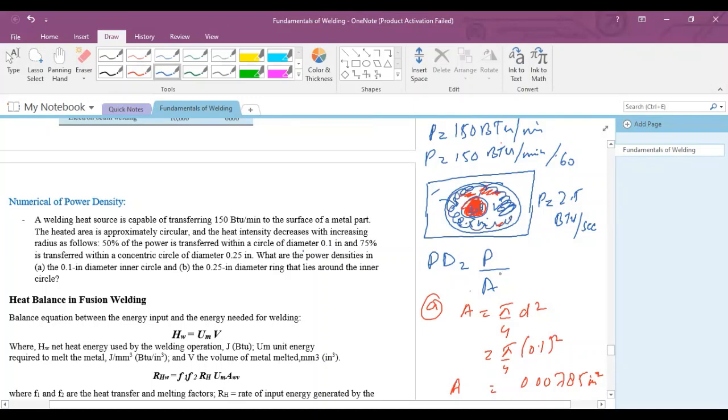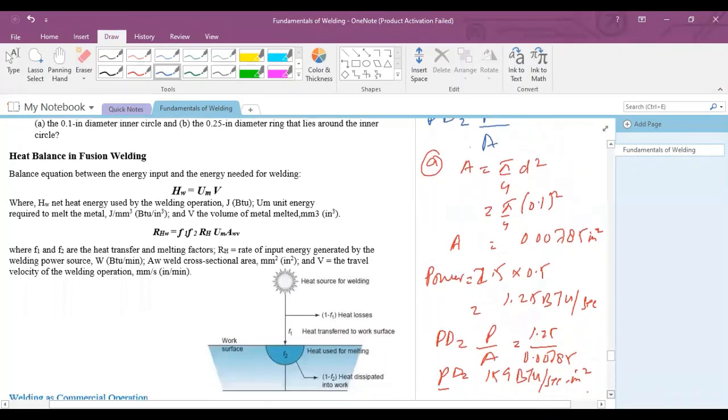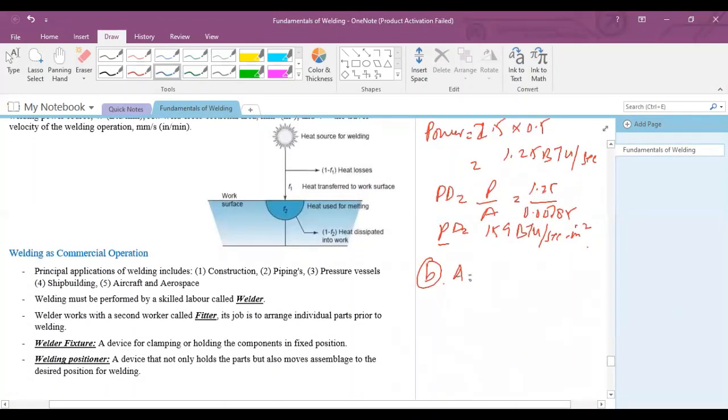So we subtract the smaller area from the bigger area: pi by 4, 0.25 square minus 0.1 square, and the answer we have is 0.0412 inch square.